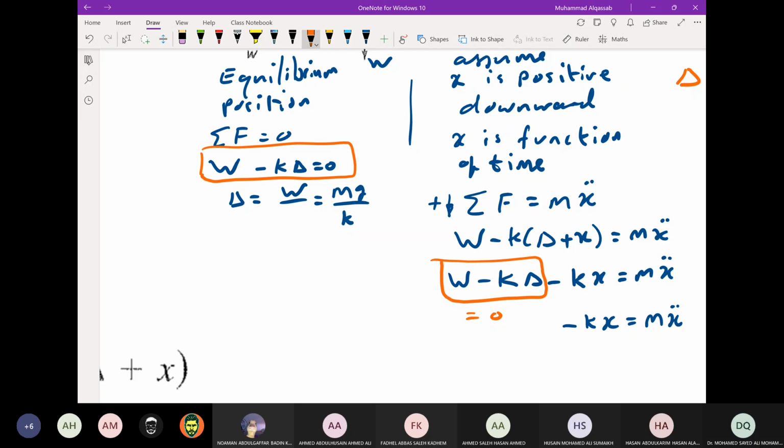There is a relationship between K and delta, or delta is dependent on K, in that the amount of static deflection depends on how stiff the spring is. Okay, so we reach the final equation, that is minus Kx equal to m x double dot.